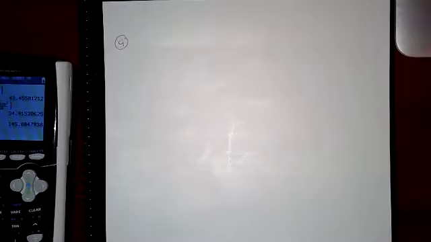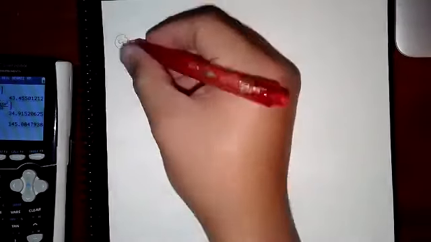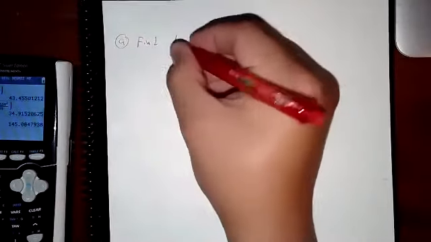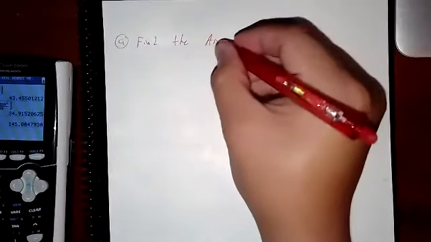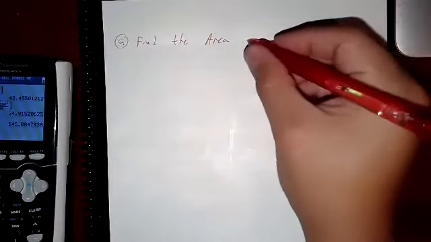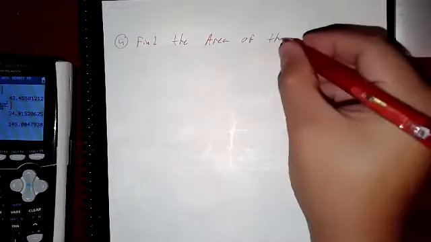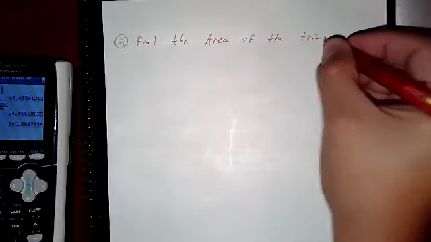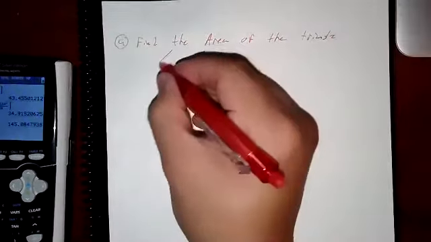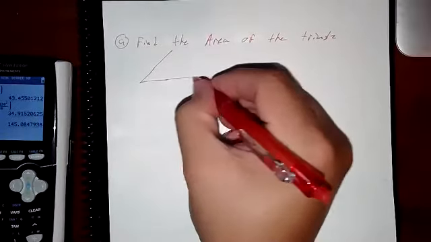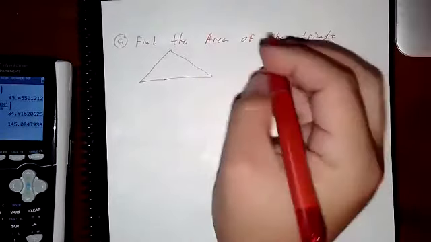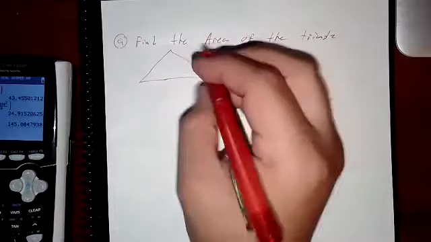Number 9, there's an area of a triangle. So find the area. So they give us this side.